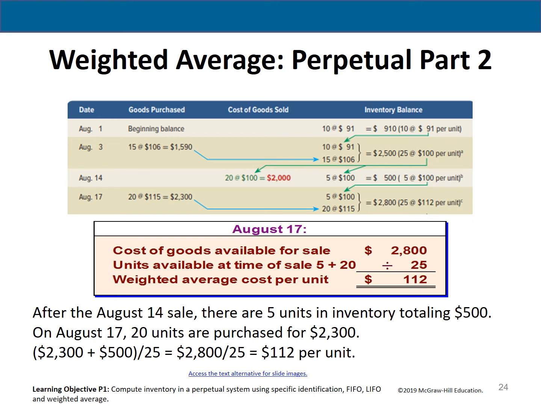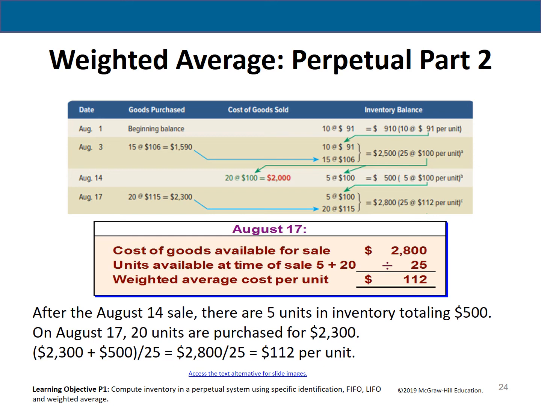But now we just added 20 more bikes that cost $115 each, or a total of $2,300. So what we do is we say, okay, what's the total cost of all the bikes we own as of August 17th? $2,800. $500 that were in inventory plus $2,300 from this new purchase.